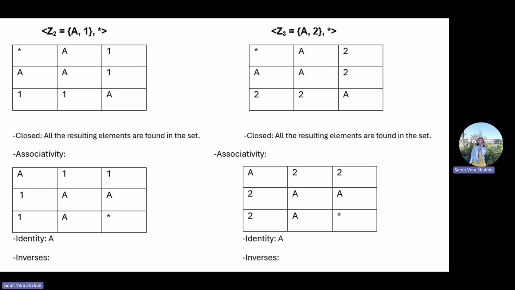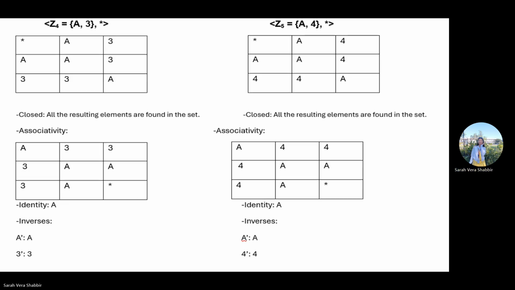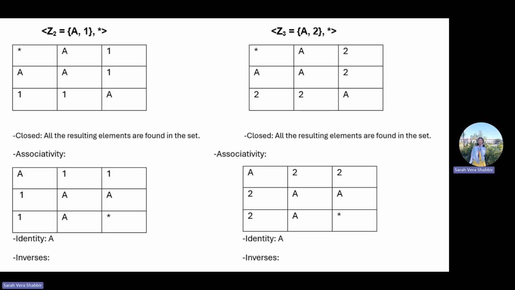Then we have associativity, meaning when we rotated it 180 degrees, the resulting table is the same as our original table. And inverses, I haven't included them here, but the inverse of A is A and the inverse of 1 is 1.